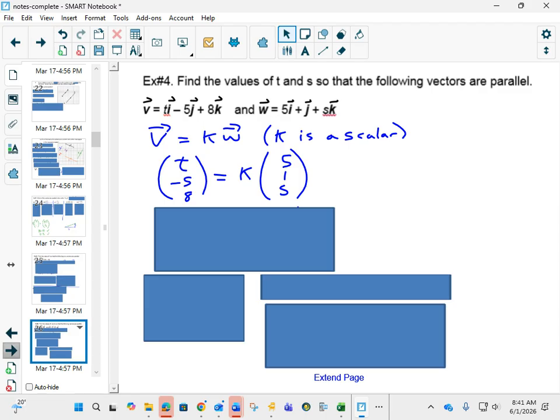And when I'm showing my work, I'll often go from here and just try to write out each individual equation.